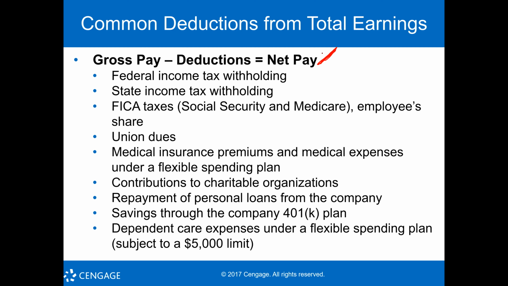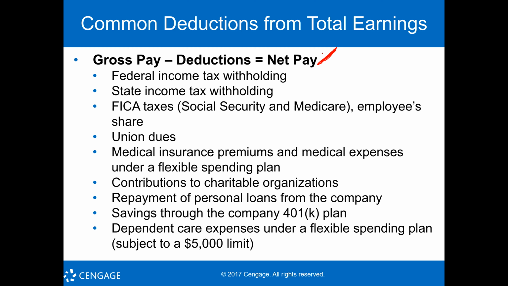Remember, FICA taxes include both Social Security and Medicare, union dues, medical insurance premiums, and medical expenses under a flexible spending account or flexible spending plan, contributions to charitable organizations, repayment of personal loans from the company, savings through the company like a 401k plan, which are retirement accounts, and then dependent care expenses under flexible spending plans. Sometimes there are limits that go along with that, but these are some of the common deductions.